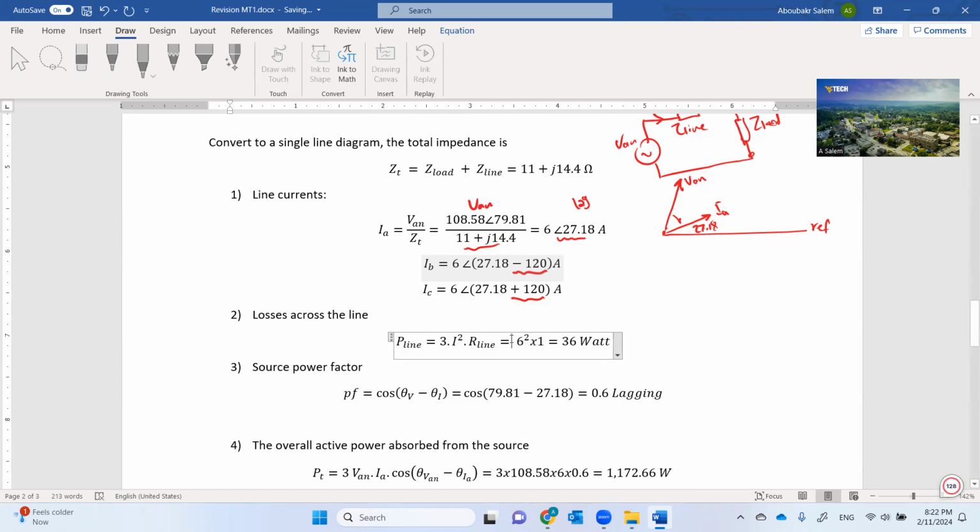So 3 times 36 is 108. So the value here should be 108 watts. So this is the power we could obtain, or sorry, we have power losses on the transmission line.